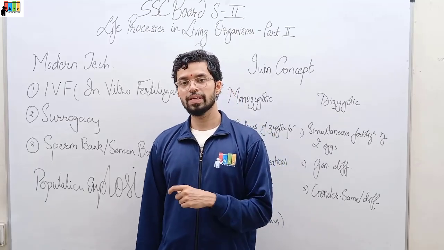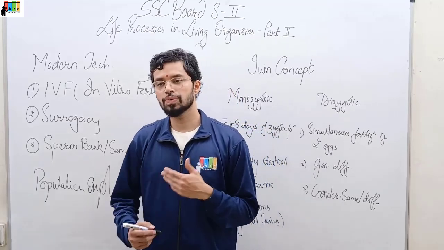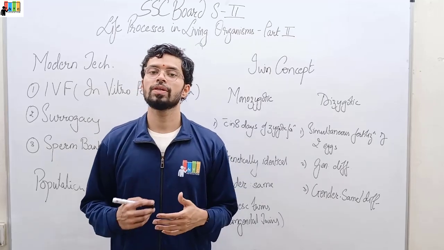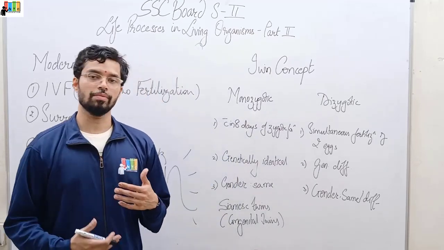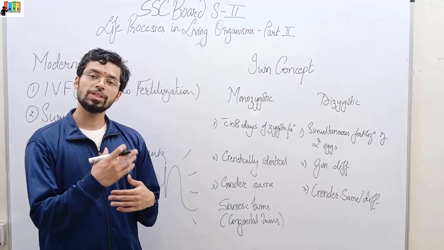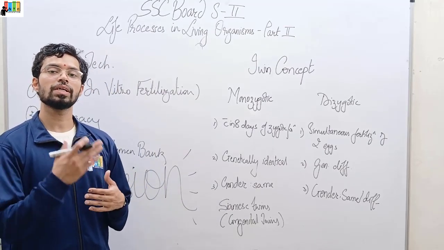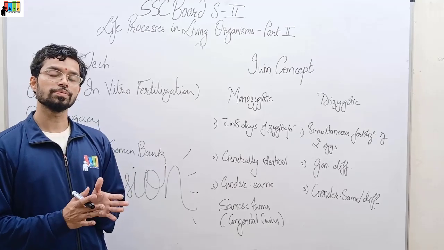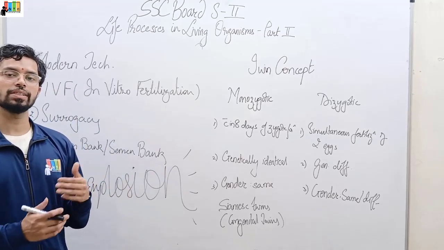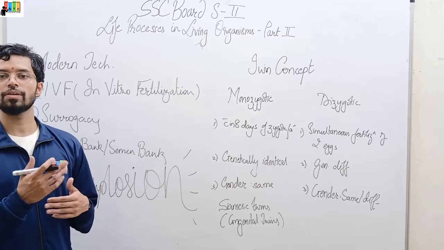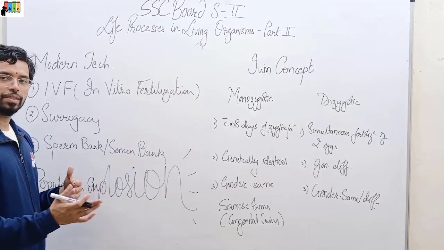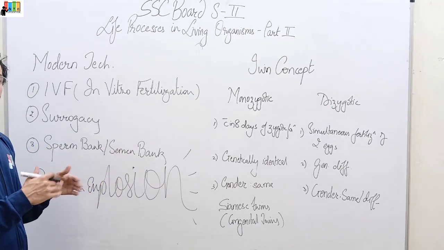After IVF, usually the zygote or the embryo is implanted into some other female for development. She is going to be the child bearing entity, the caretaker of that child in the womb. Until the child develops, it is in some other female's womb. So she is the mother for 9 months, and afterwards the child is handed over.